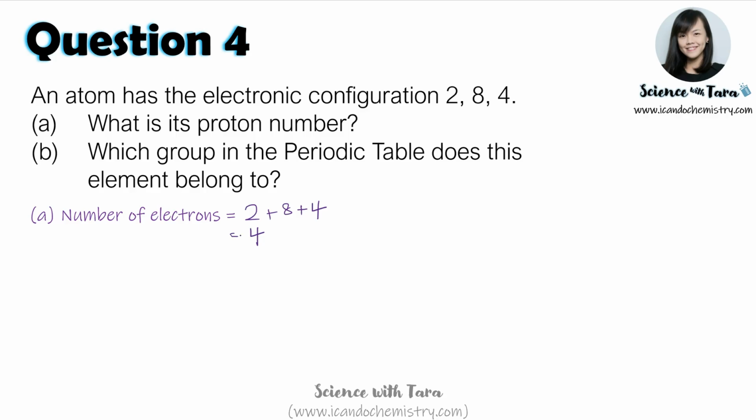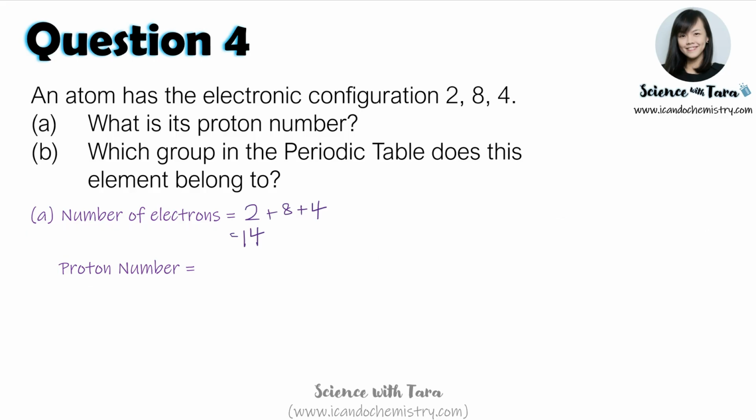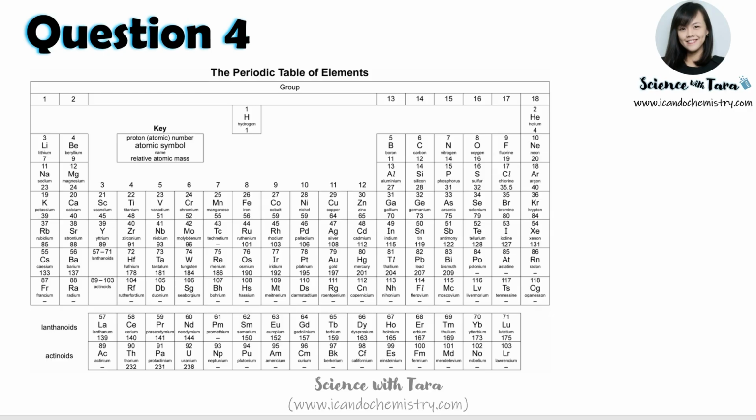The number of protons and number of electrons in an electrically neutral atom is the same, hence the proton number is 14. Now if I ask you what is the identity of this element, then you can refer to the periodic table. With the proton number of an atom, you'll be able to determine the identity of the element. So this element must be silicon.